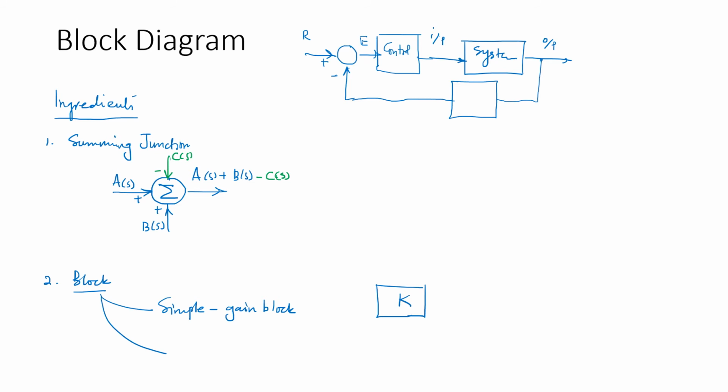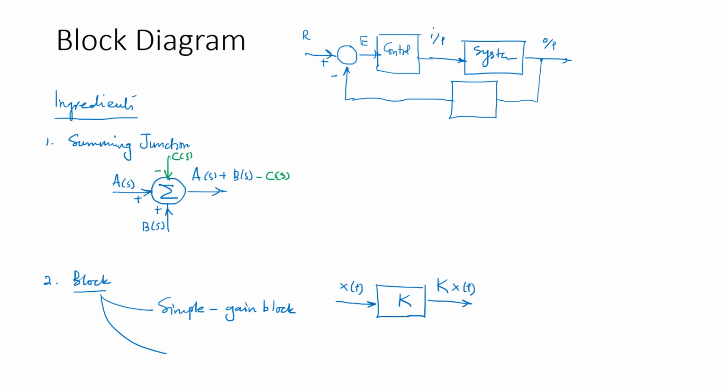So in that sense, whatever is the signal given to it, let it be X in the time domain, it produces an output by multiplying this gain K with that. So this is going to be K times X of t.